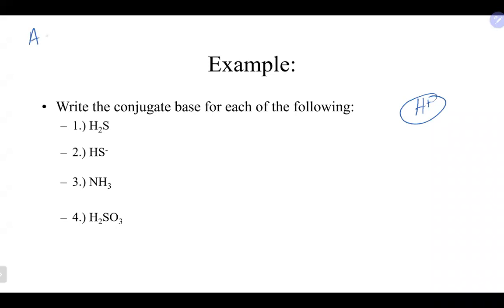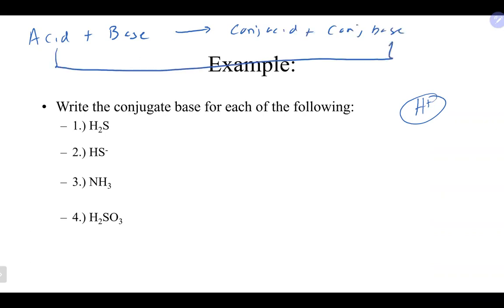In a reaction, there's an acid and a base, and on the other side, a conjugate acid and a conjugate base. The acid on one side is related to the conjugate base on the other, and the base on one side is related to the conjugate acid on the other.